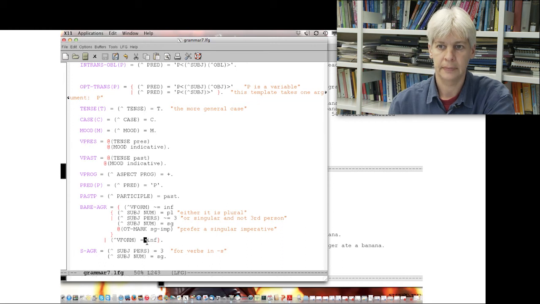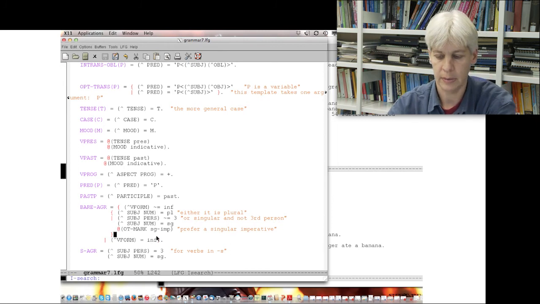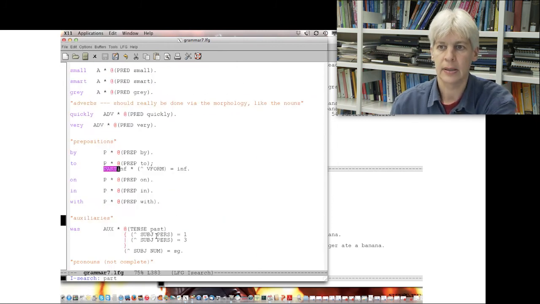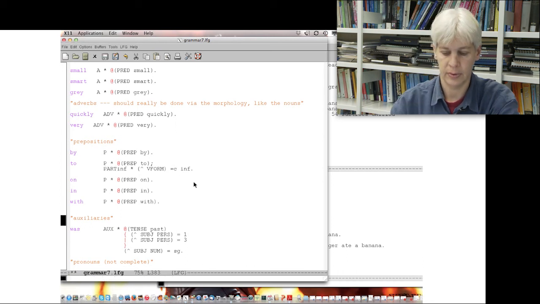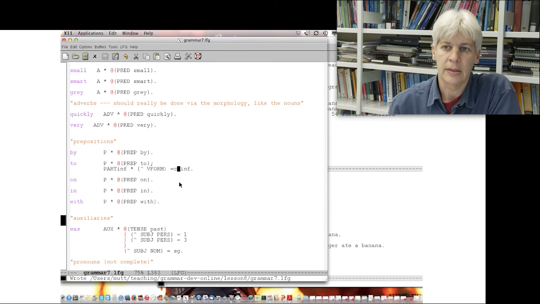Okay. So, and then we can change the to one, the part inf. We can say that this needs to be infinitive. It wants some infinitive version. It's constraining. This is a constraining equation. This says it would like some value to be infinitive.